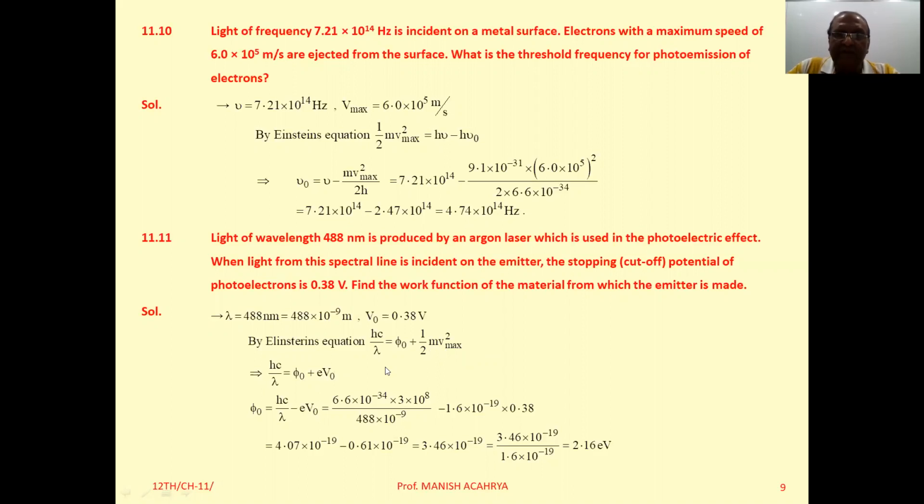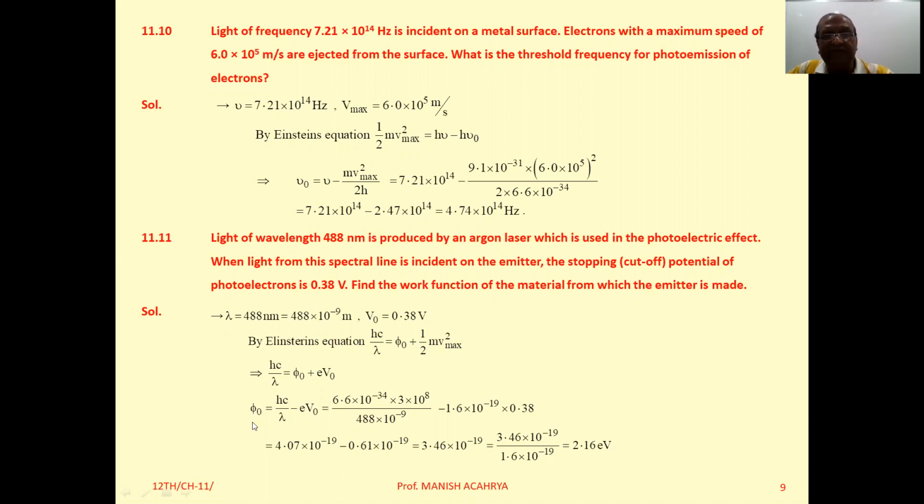So here if we make φ0 the subject, then we can write φ0 is hc upon lambda minus half m v_max squared, but half m v_max squared is nothing but eV0.